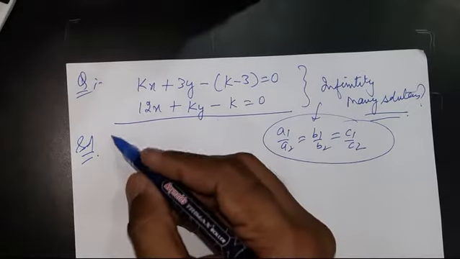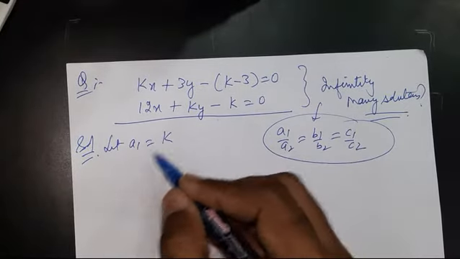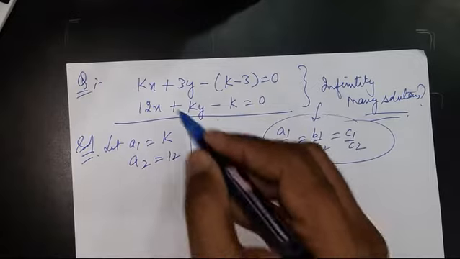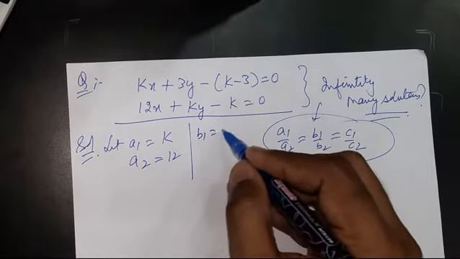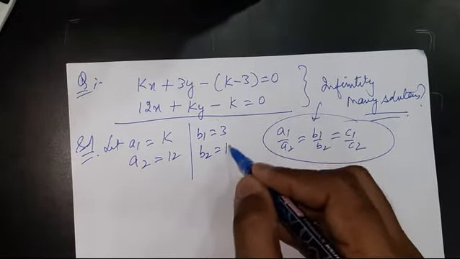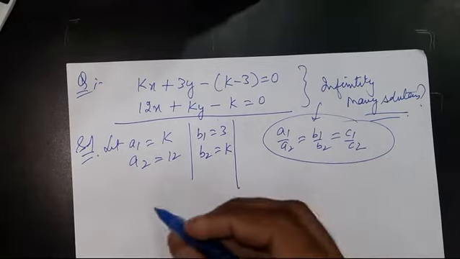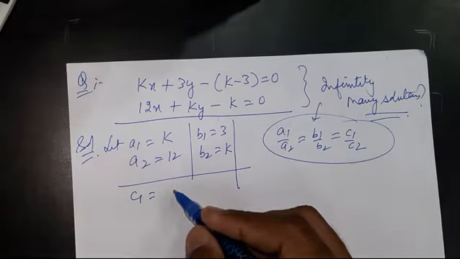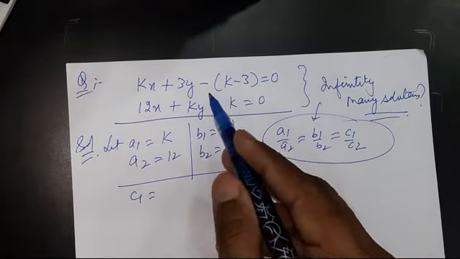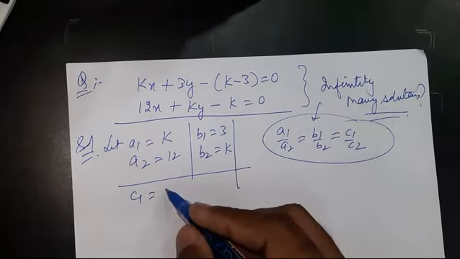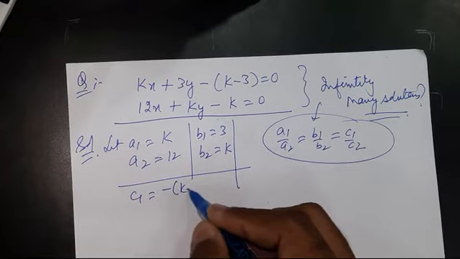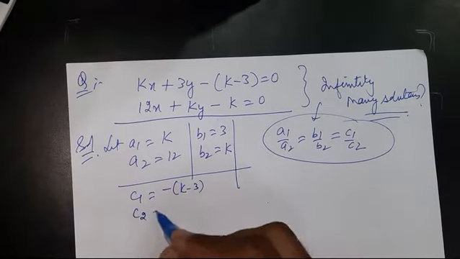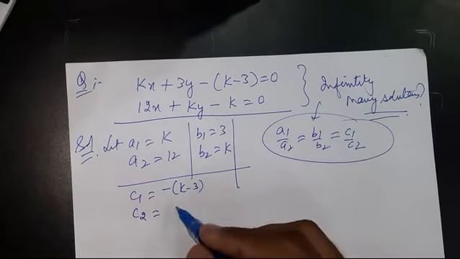So let a1 be k here, a2 is 12 here, b1 is 3 here, b2 is k here, and what about c? c1 is minus k minus 3, since these are minus and minus here, and c2 will be minus k.